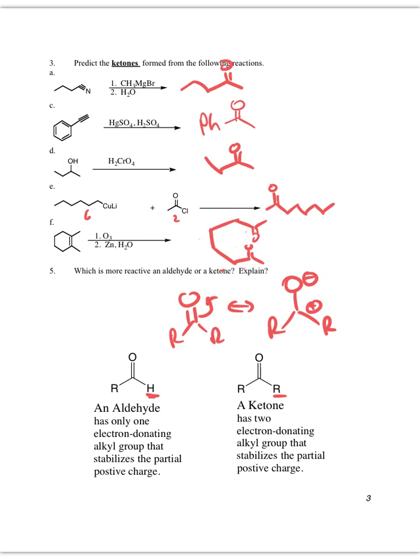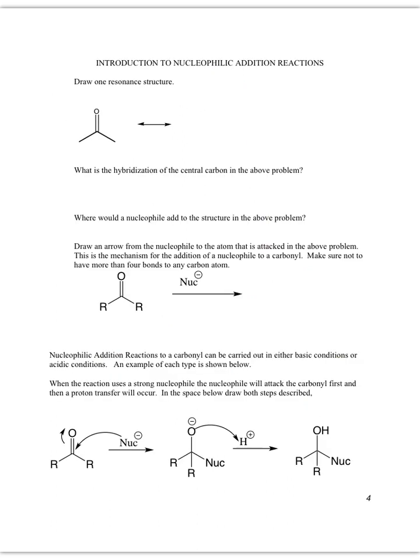We remember from Org 1, Chapter 4 in our textbook that the hydrogen only has 2 electrons around it, whereas the R group has 8. So the R group stabilizes cations better than a hydrogen. More substituted cations are more stable than the less substituted ones. So a ketone is going to be more stable than the aldehyde. So the aldehyde would be more reactive under the reaction conditions than the ketone.